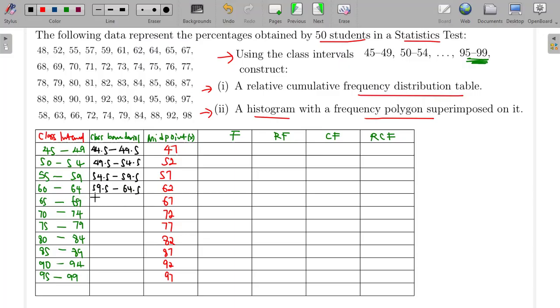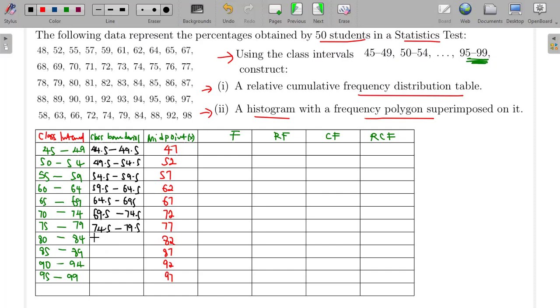This one now will be 64.5 all the way to 69.5, and then 69.5 all the way to 74.5. Okay, and then this will be 74.5 all the way to 79.5.